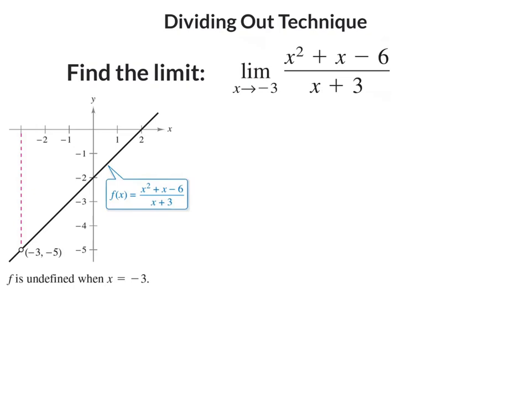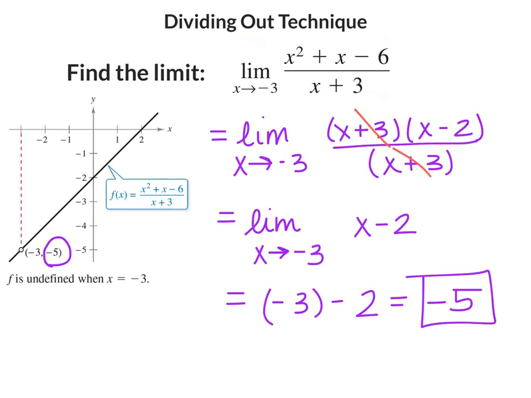So I can't use direct substitution, but I'm going to factor and divide out and see if I can find the limit that way. So I factor out my numerator and I find that x plus 3 cancels on the top and the bottom, or the x plus 3 divides out. And so I'm left with the limit of x minus 2 as x approaches negative 3, plug in negative 3, direct substitution, and I get negative 5, which also is what appears on my graph over here.